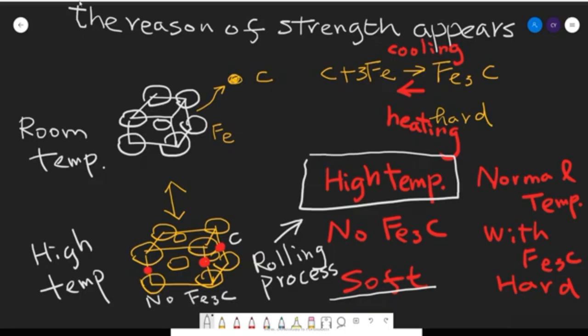And in this case, with Fe3C. That is why we say in high temperature it's very soft, and at normal temperature it is hard because we have Fe3C inside the material.